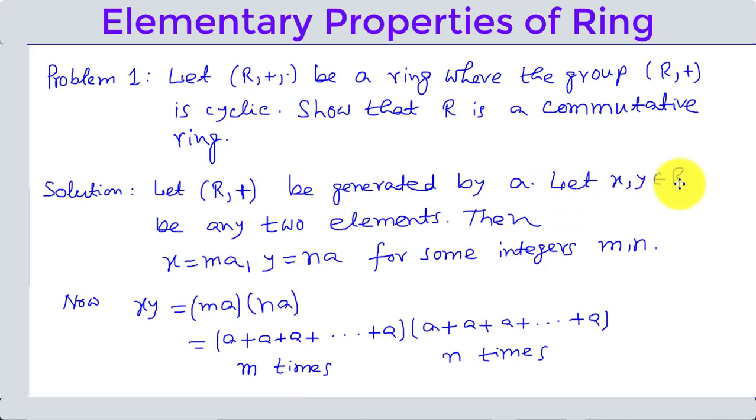Let x, y belong to R be any two elements of R. Then, since (R, +) is cyclic, x = ma for some m and y = na for some n, where m, n are integers.